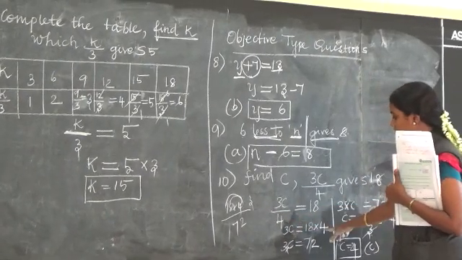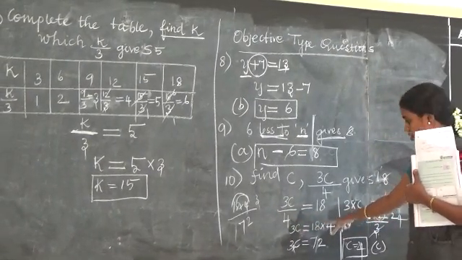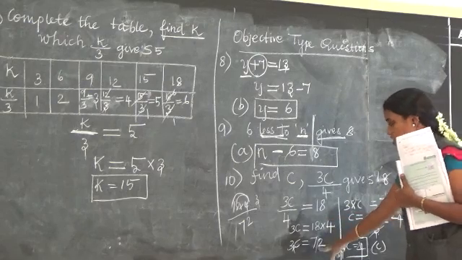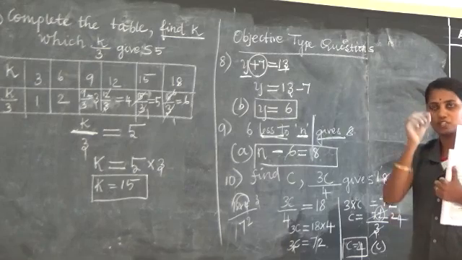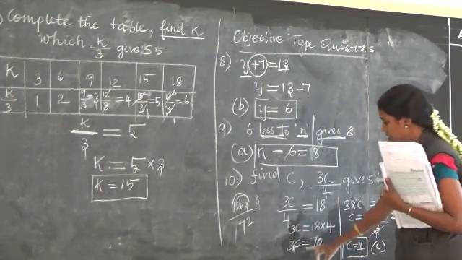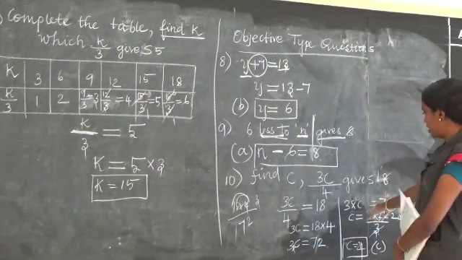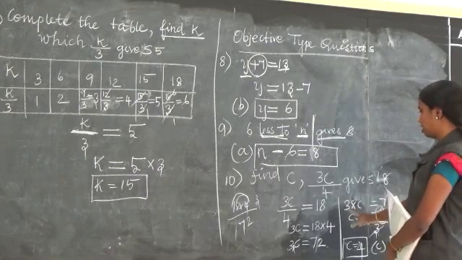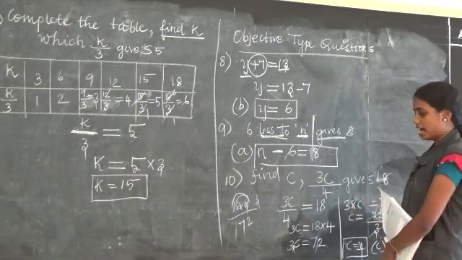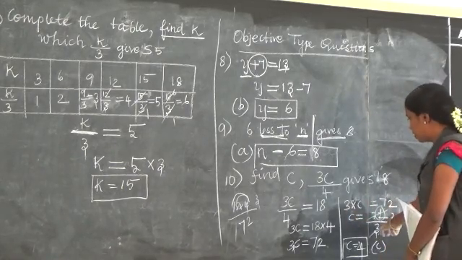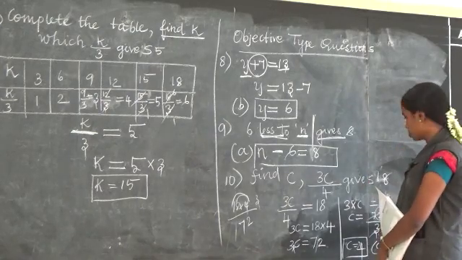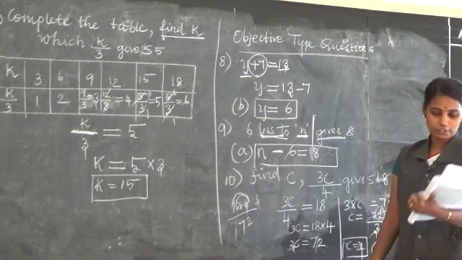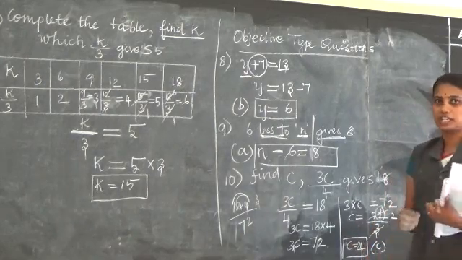The by 4 will come this side as multiplication. 18 into 4 is 72. Between 3 and C there is no sign, so we consider it multiplication. 3 into C equal to 72. Then 3 will go this side as division. 72 divided by 3, 3 table for the cancellation. C value is 24. Answer is option C.